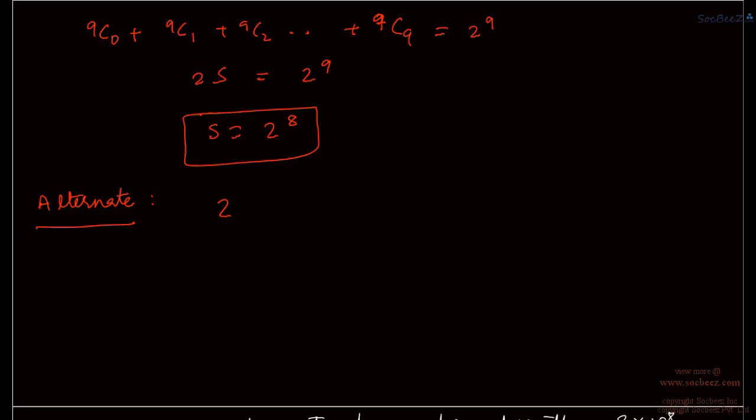So since there are 9 subjects and 2 cases for each subject, you have 2 power 9 possible results. But now passing and failing, both of them have exactly the same probability here. Hence, the total number of cases in which he either passes or fails must be equal to 2 power 9 by 2, which is 2 power 8.